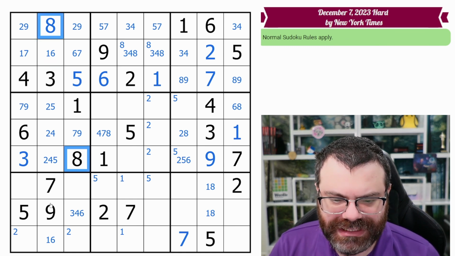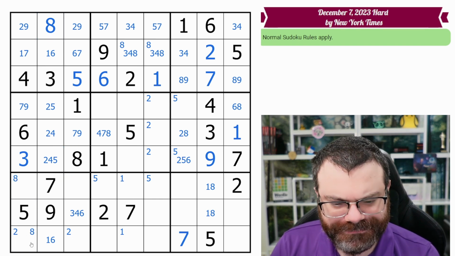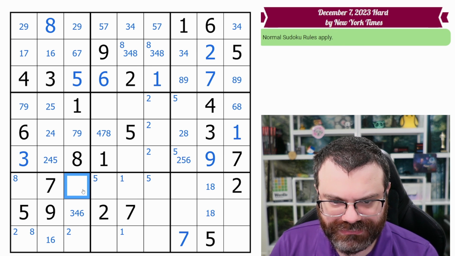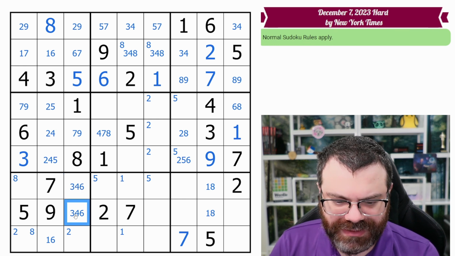Yeah, these two 8s look down. So there's an 8 in one of these two. Oops, 8, not 5. So this is not 2 or 8. Not sure, that's not super helpful. It's 3, 4, 6. That's it. So it's the same as this one.